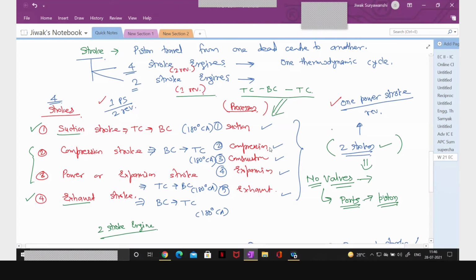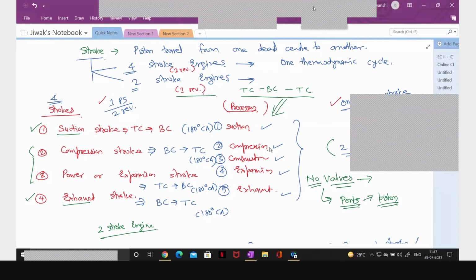Yes, anyone? And this is a big challenge for a mechanical engineer. When you can get maximum power with two-stroke, why move towards four-stroke? Yes, somebody said it very correctly: emissions, more pollution.